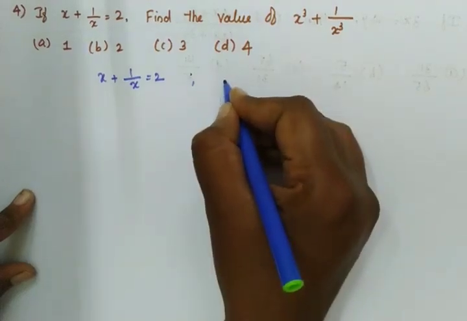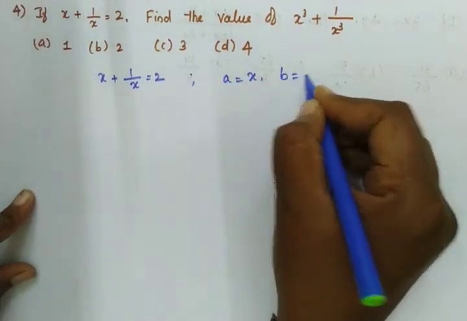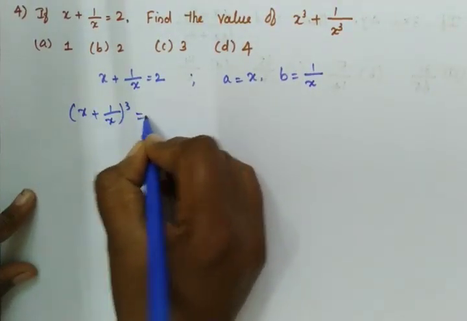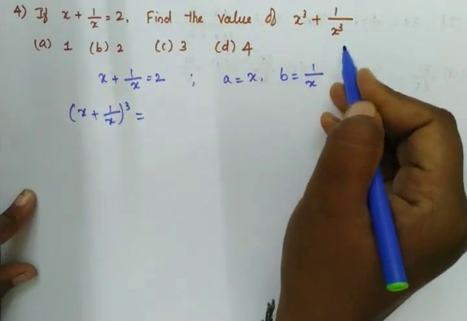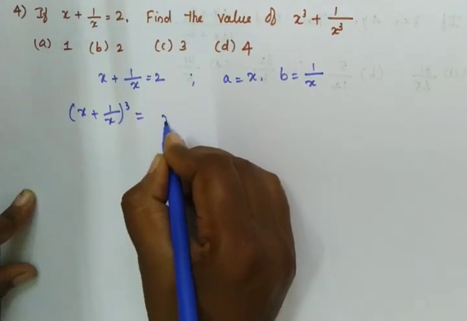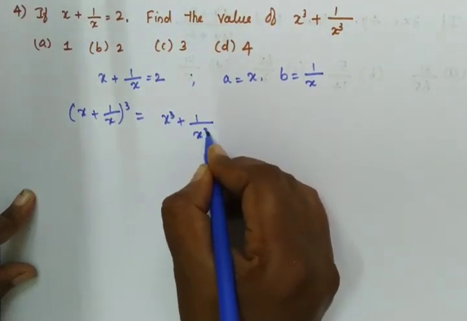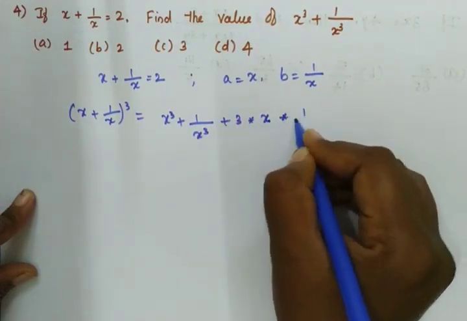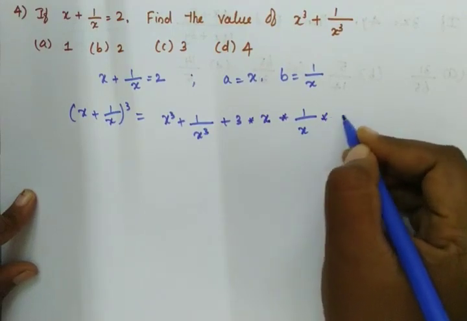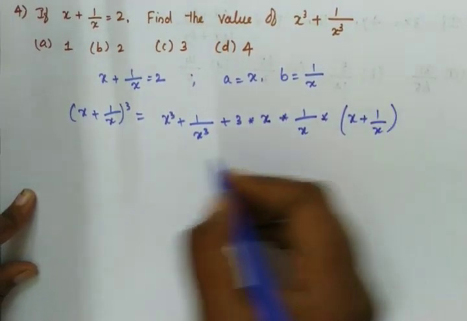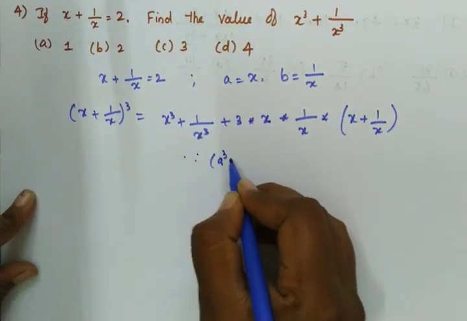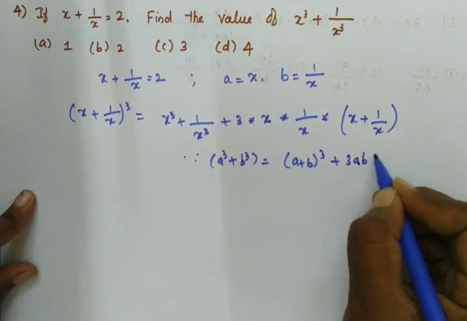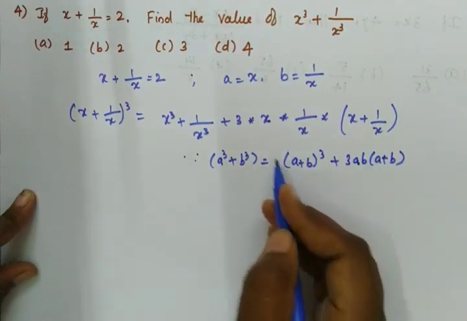Now let us take a is equal to x, b is equal to 1 divided by x, because x plus 1 by x the whole cube is equal to x cube plus 1 by x cube plus 3 into x into 1 by x into x plus 1 by x, because we know that a cube plus b cube is equal to a plus b the whole cube minus 3ab into a plus b. So according to this equation we have written this.